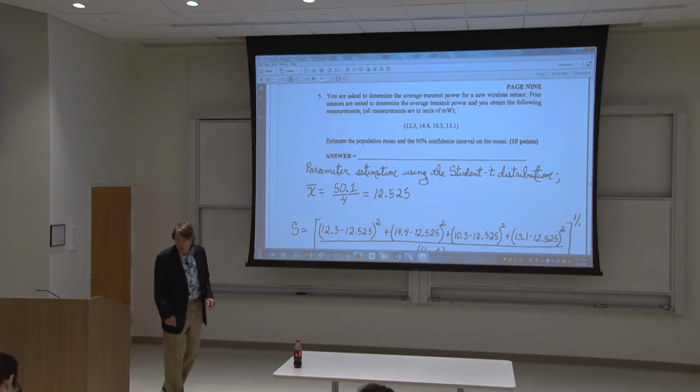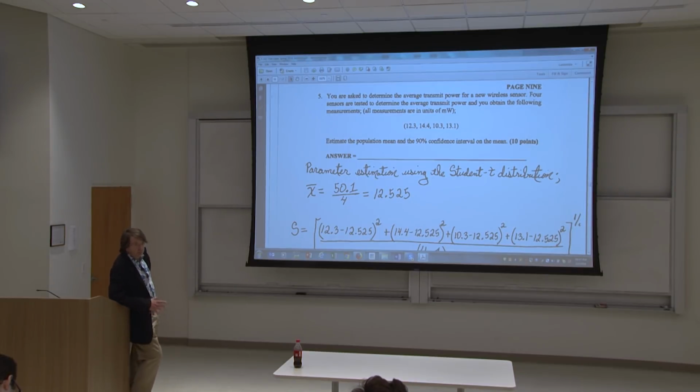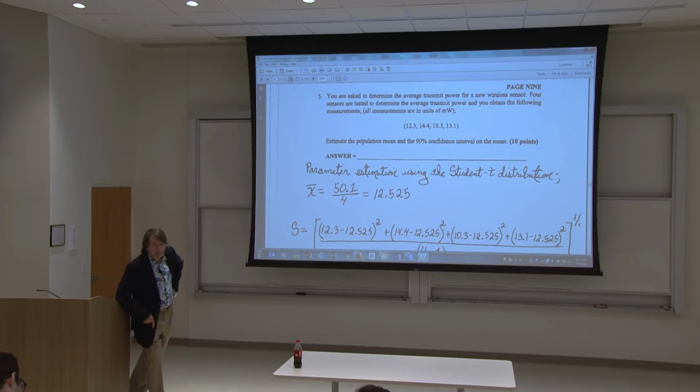You have a wireless sensor, part of probably an IoT network, and you test 4 sensors. And these are the transmit power for each of the 4 sensors in milliwatts. Estimate the mean of the population and the 90% confidence interval on the mean.